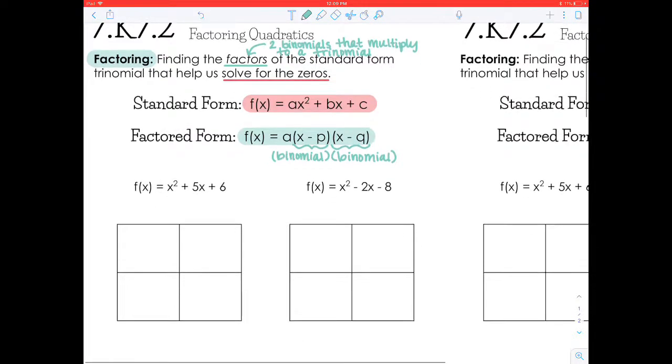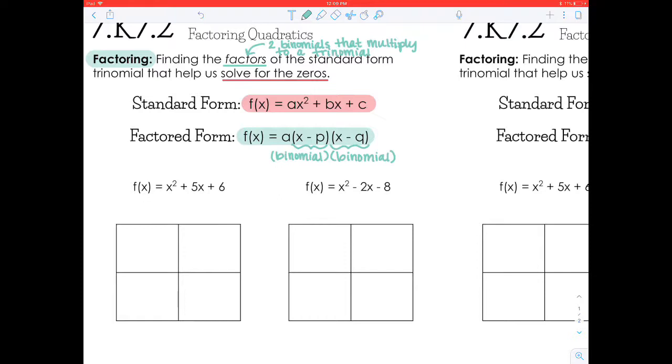Okay, so what we're going to do is look at these two standard form quadratic functions. The first one here is x squared plus 5x plus 6. And we're going to use these area boxes again to help us go from standard form to factored form.